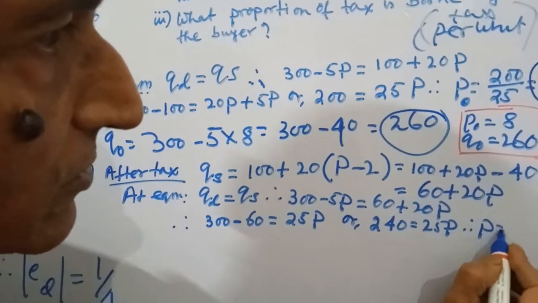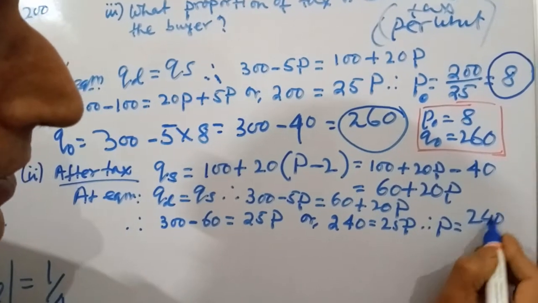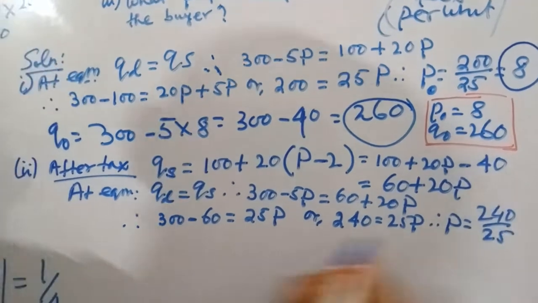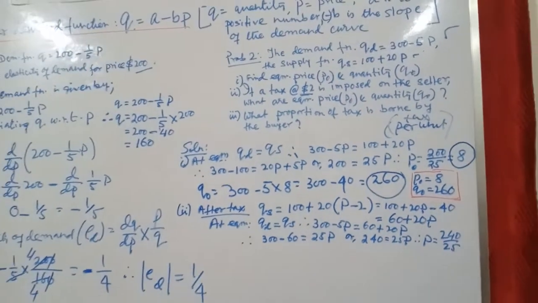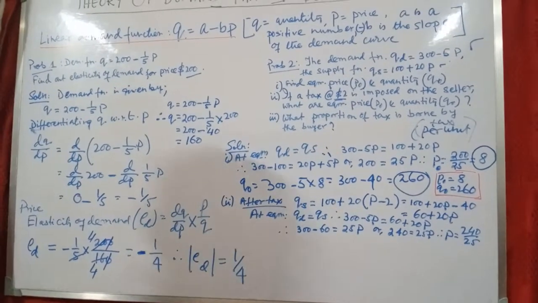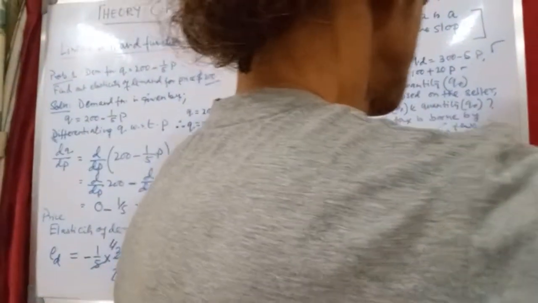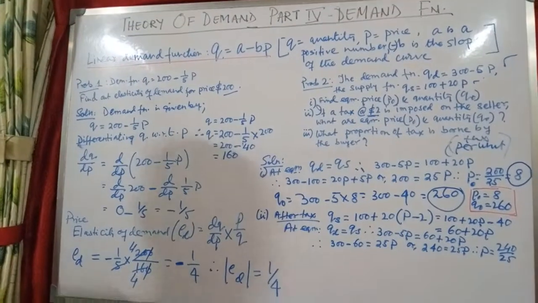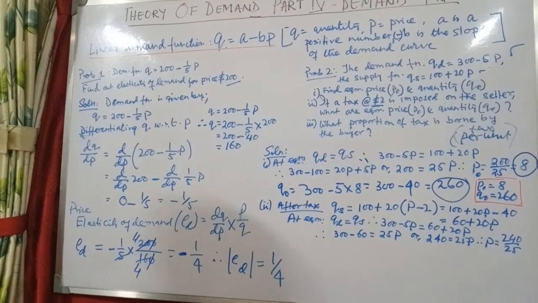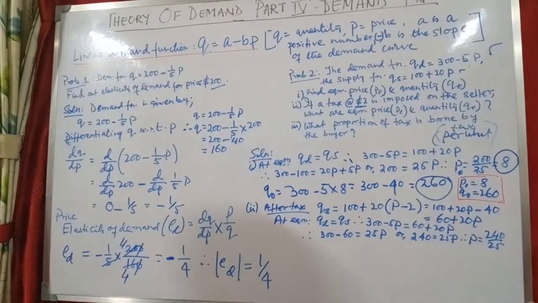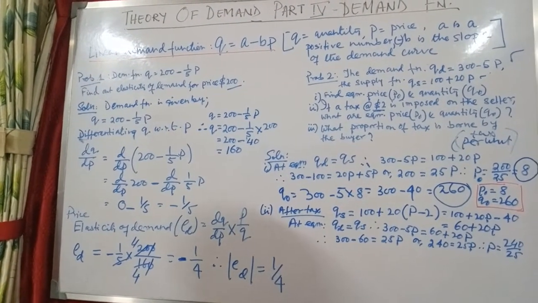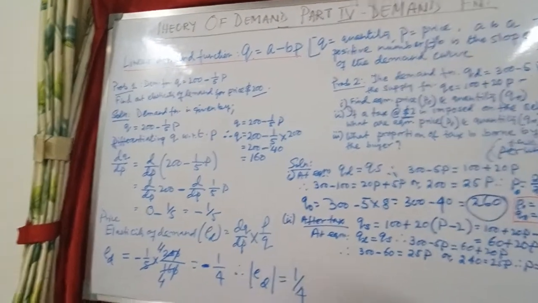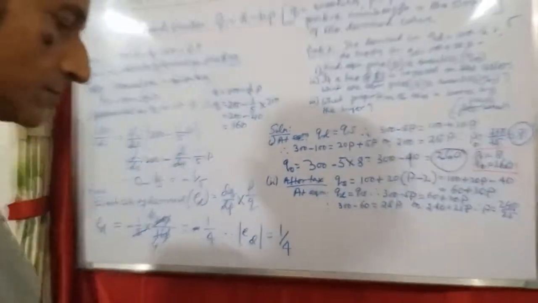Therefore, P equals 240 divided by 25. Let us see what it comes to. This comes to 9.60.